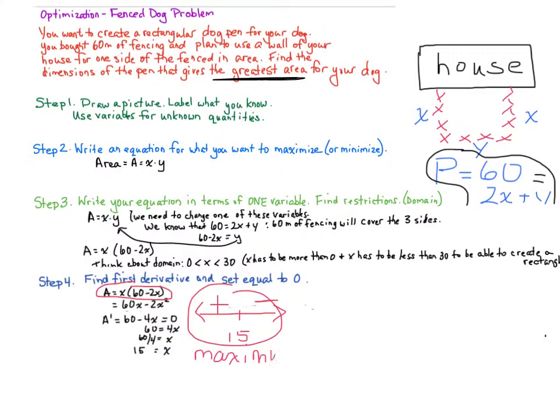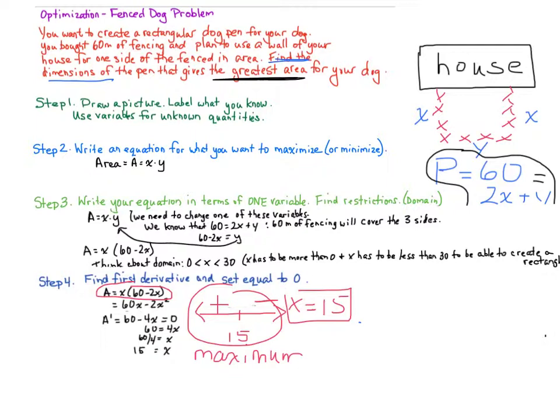Now, how do we finally answer our question? If x equals 15, what was the original problem asking for? It said find the dimensions of the pen. So we know the x side. How do we find the y?